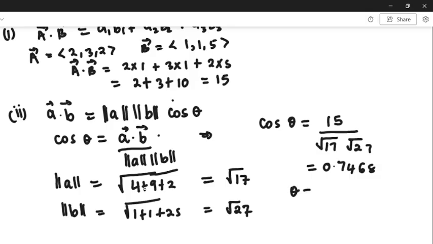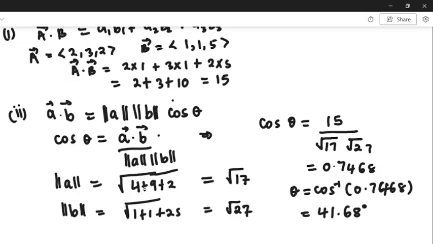But now theta is cos inverse of 0.7468, which gives us 41.68 degrees. So that's how we get the dot product and the angle between the vectors.